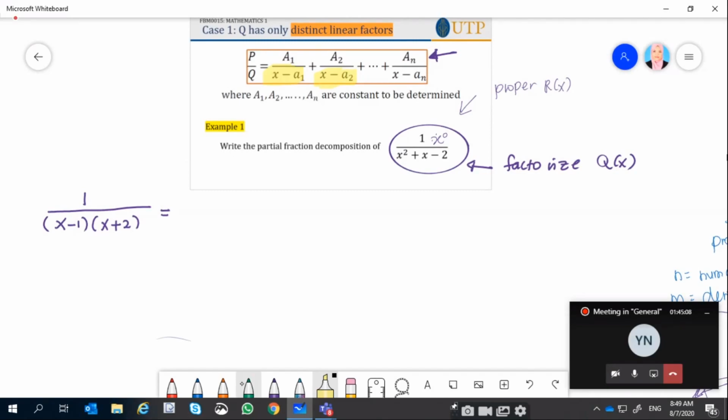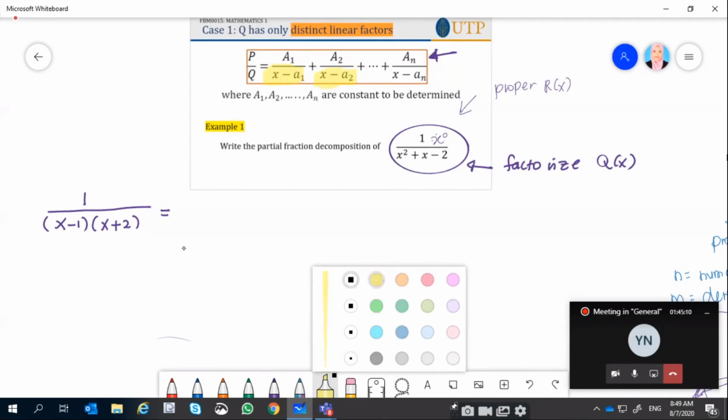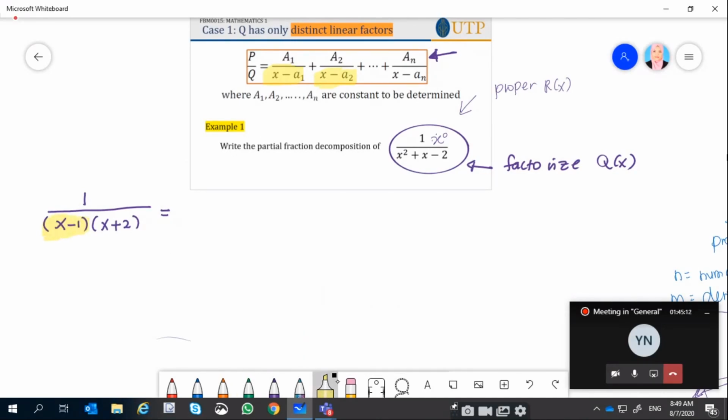For example number 1, there are 2 factors, s minus 1 and s plus 2. The number of fractions depends on the number of your factors, so since you have 2 factors, you will have 2 fractions: the first for s minus 1 and the second for s plus 2.